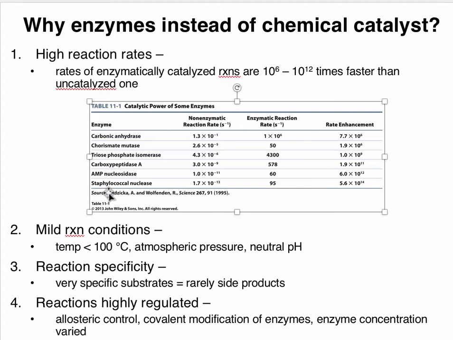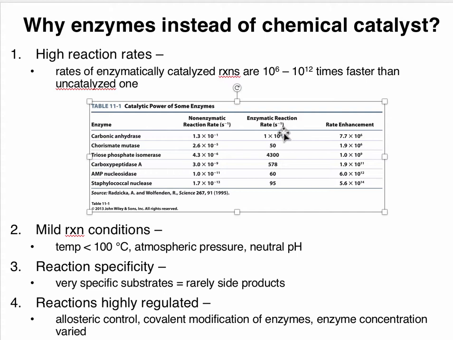That reaction will occur at a very slow rate, 0.13 times per second, in the absence of enzyme, just in buffer. When the enzyme carbonic anhydrase is present, that's increased 7.7 times 10 to the 6 times. And so that makes it a viable enzymatic reaction in order to affect hemoglobin and oxygen binding.